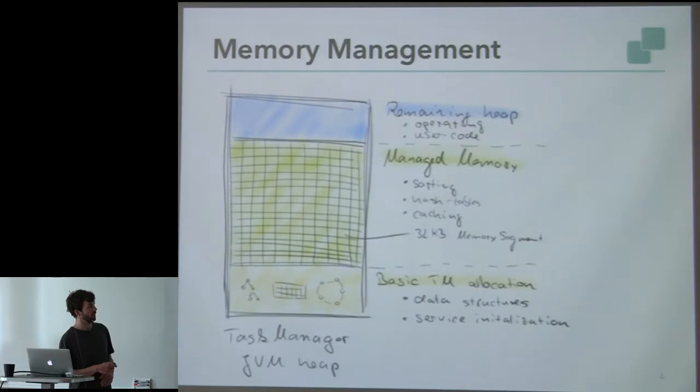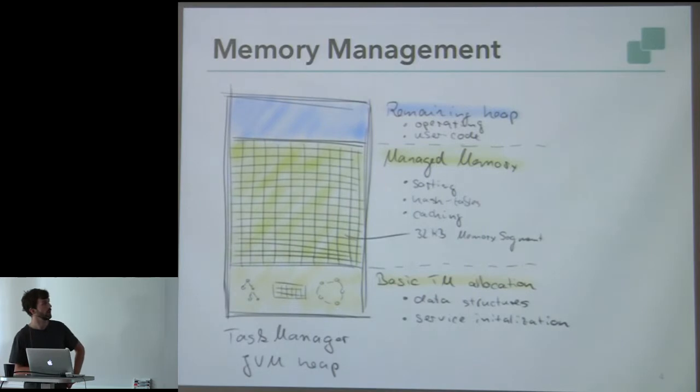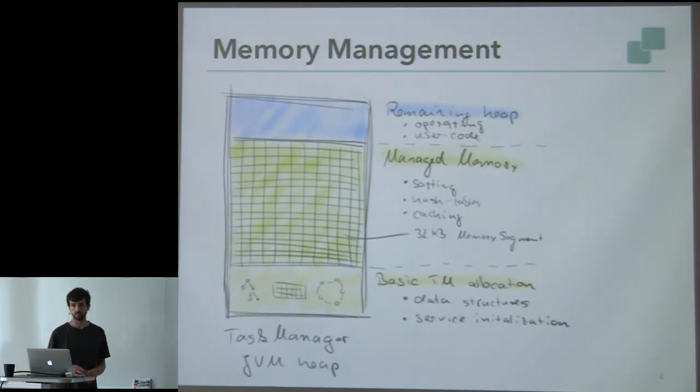That's why by default we divide the Java memory, the Java heap, into 3 parts. So of course we need some basic memory for Flink for its runtime. And then we allocate quite a huge amount of the free memory for the managed memory.